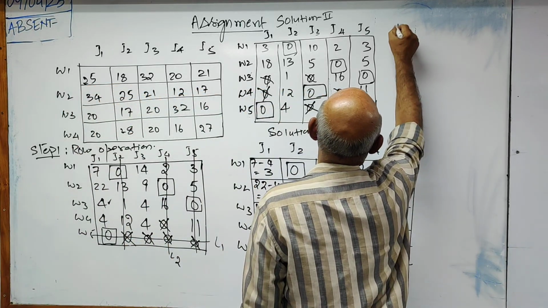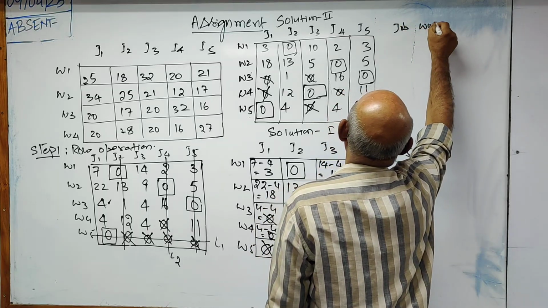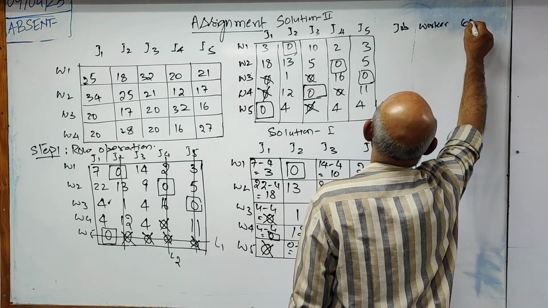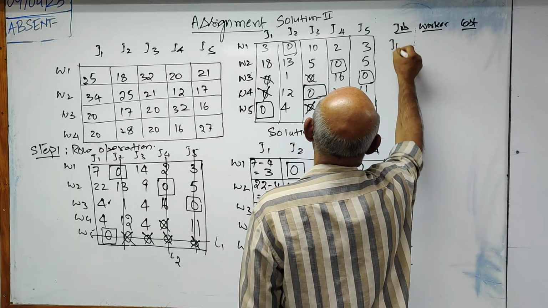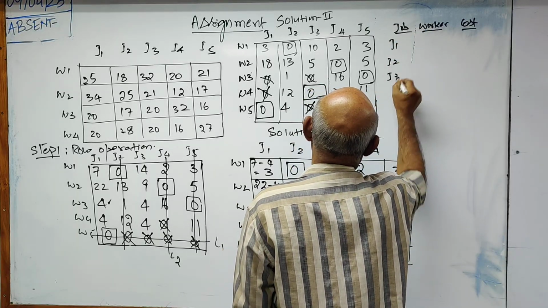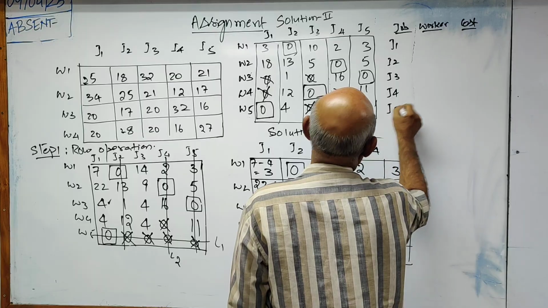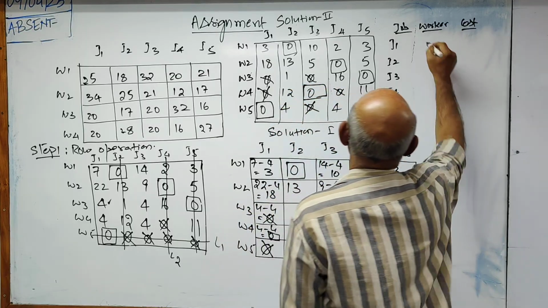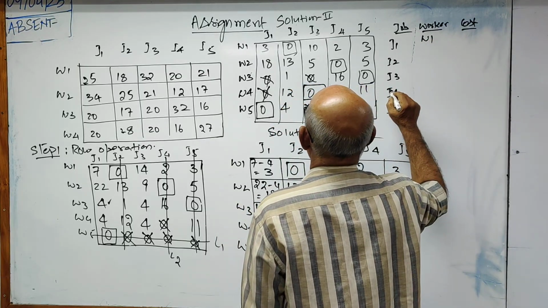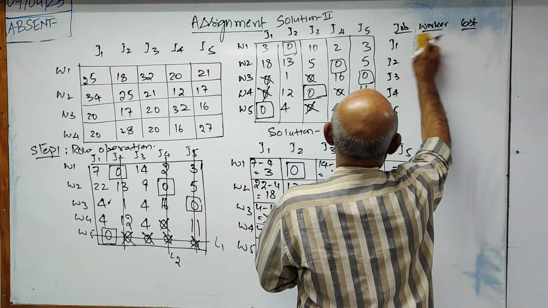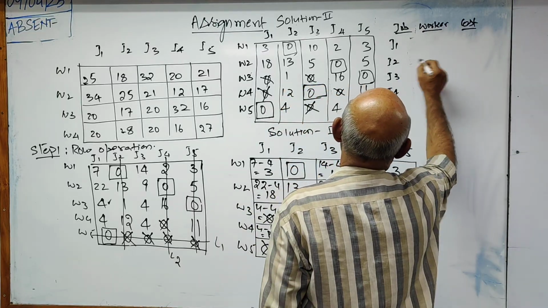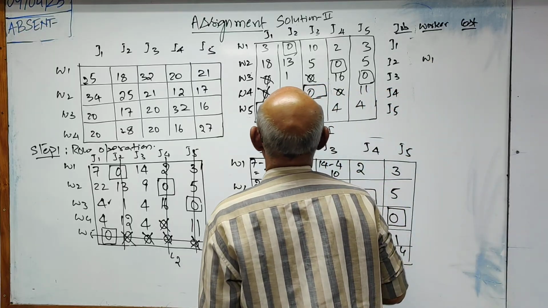Look at this: job, worker, cost. Job number 1 is assigned to worker 1. Job number 2 is assigned to worker 1.